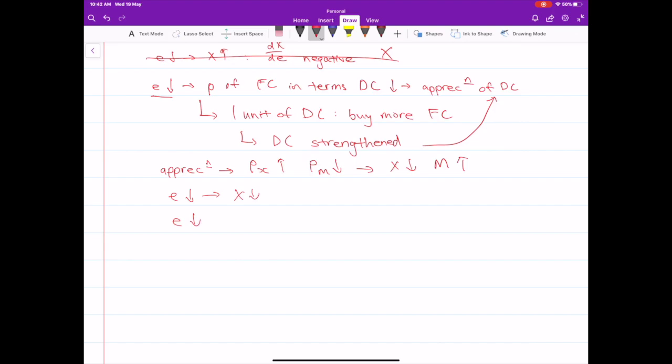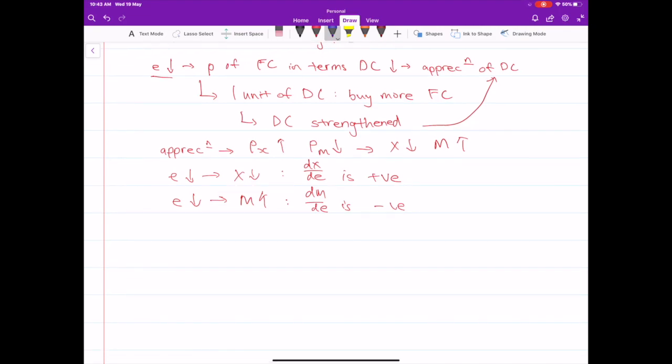And when E falls, M will rise, which is a different directional change. So this implies that dX over dE is positive, and dM over dE is negative. This will work when you think about it when E rises, and I'll leave the viewer to do this as an exercise.